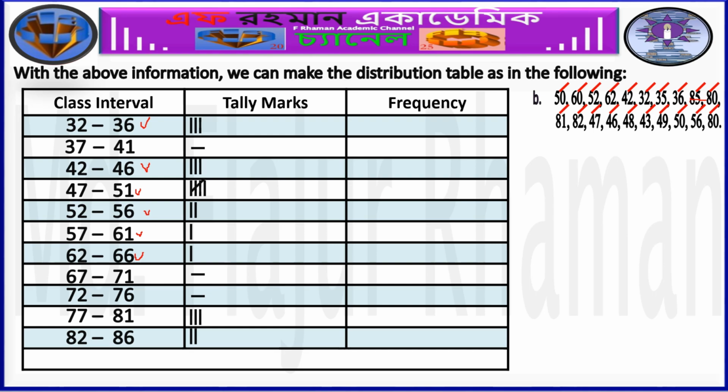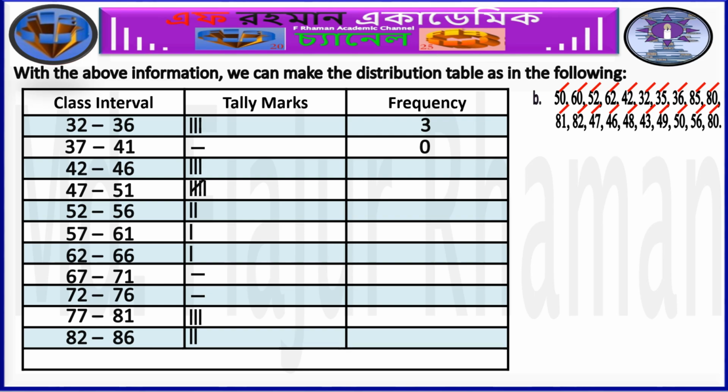Now we should write the frequency. Since the number of tally marks in the class interval 32 to 36 is 3, the frequency in this class interval is 3. Since the tally mark count in the class interval 37 to 41 is 0, the frequency is 0 in this class interval.